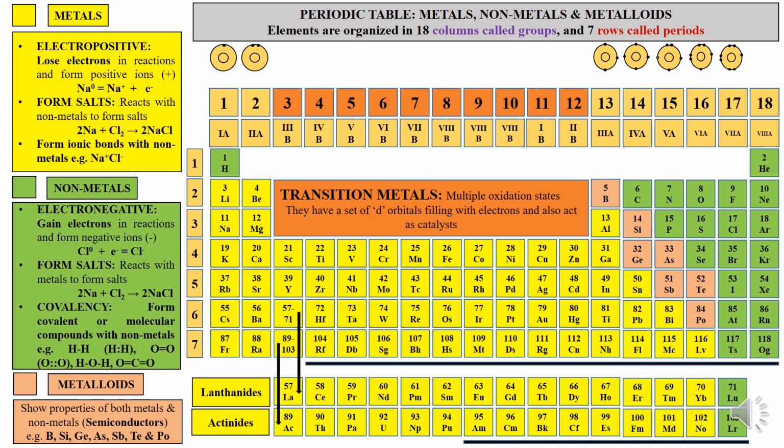Now group number is equal to the number of valence electrons. That is to say, group 1 elements have 1 valence electron, group 2 elements have 2 valence electrons, group 3 elements have 3 valence electrons, so on and so forth.